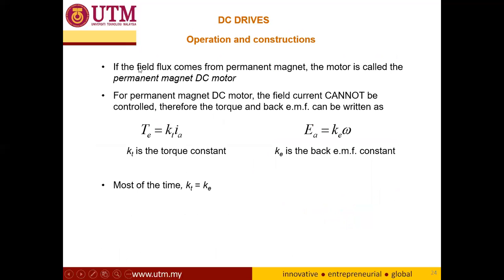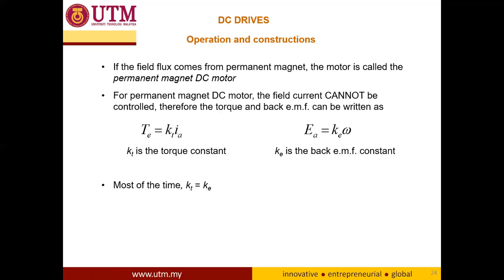If the field flux, which is your field circuit, comes from a permanent magnet, meaning that you don't need an electromagnetic circuit to magnetize the stator, the motor is called a permanent magnet DC motor. For this motor, the field current cannot be controlled, meaning that the flux is uncontrollable.